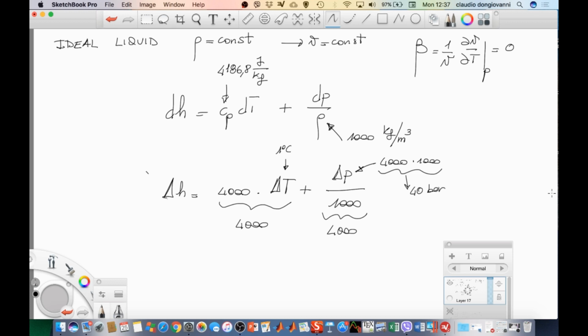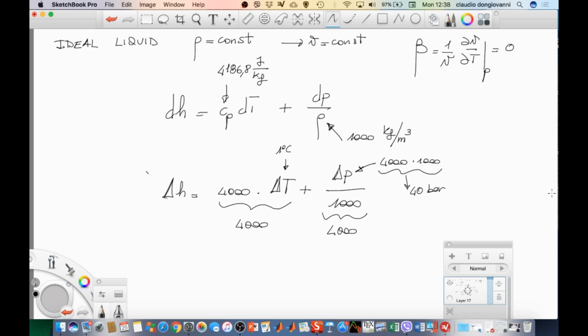So the effect of a change in temperature in your liquid of 1 Celsius degree can be obtained by increasing the pressure by 40 bars. It means that the pressure has to be increased a lot in order to change the enthalpy a little bit. Only by increasing the temperature by 1 Celsius degree, we have many bars in comparison.